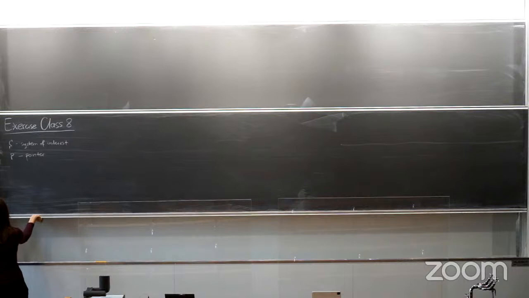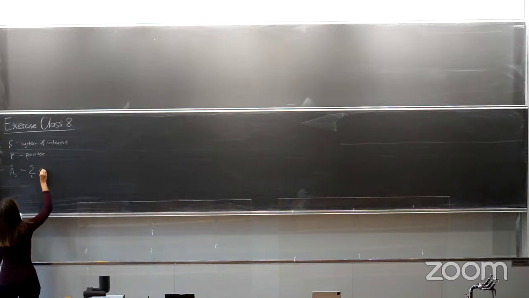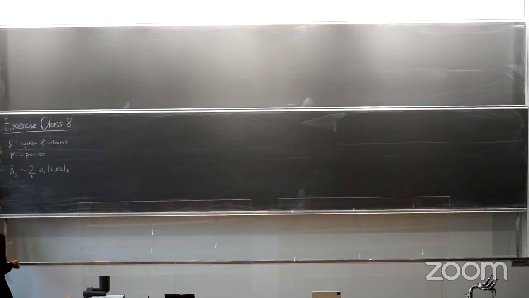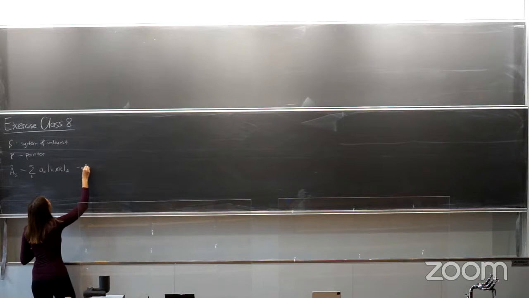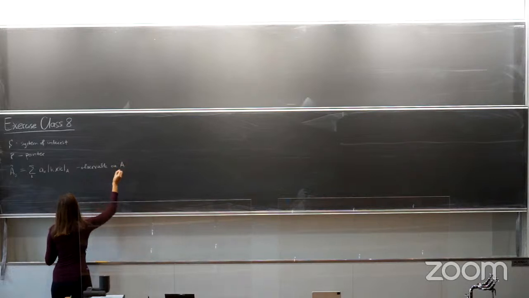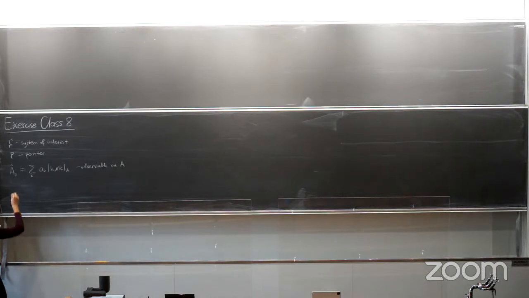So we consider the following observable on the system S, which we call A_S, which we write in its basis. So it's the sum over k, a_k, |k><k| on S. And this is the observable that we want to measure on S. And we start with these two systems being in a tensor product state with each other.